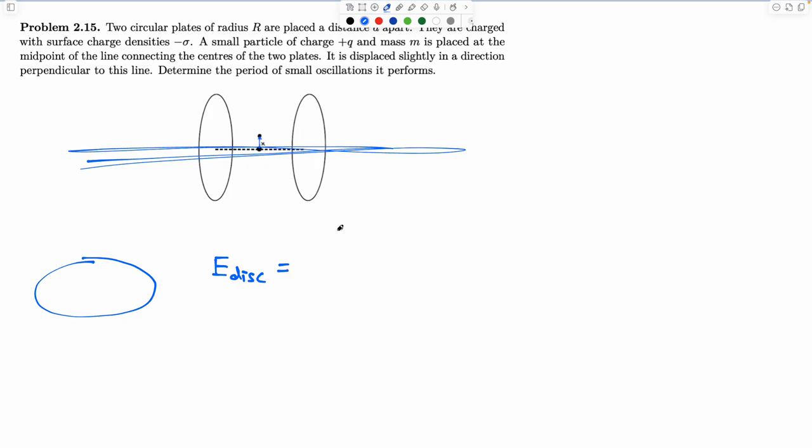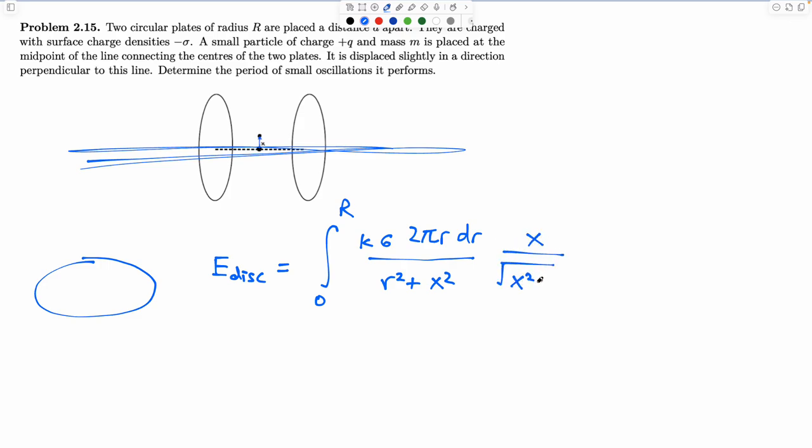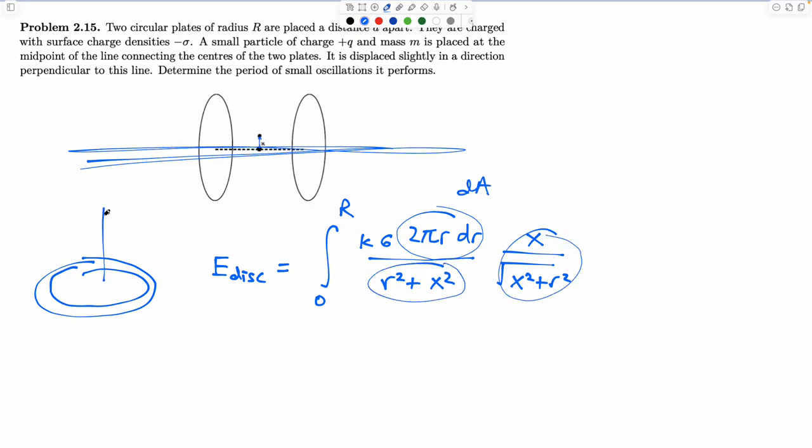The integral looks something like this: 0 to r, k sigma. So this basically just does the concentric rings thingy. This is your dA, then this is your length, and this is the factor that allows you to account only for this component.